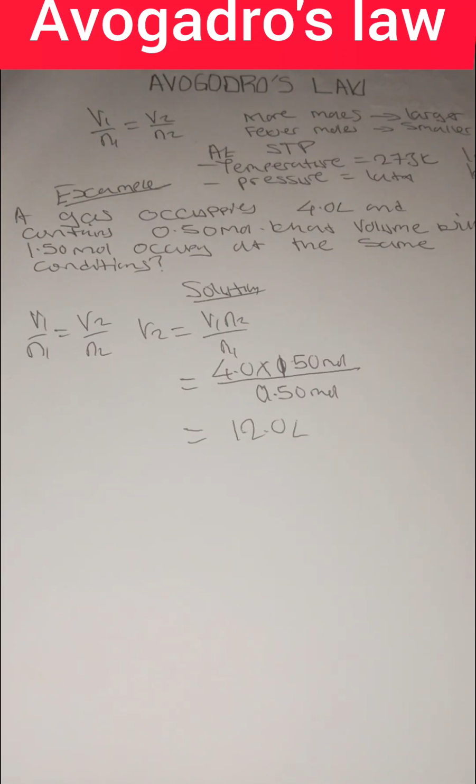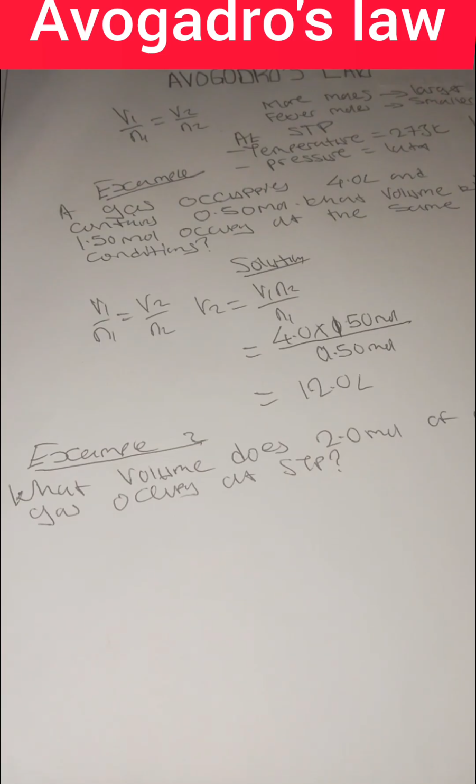Let's go ahead and do the second example. What volume does 2.0 moles of gas occupy at STP? As I said earlier in the video, 1 mole of any gas occupies 22.4 liters.